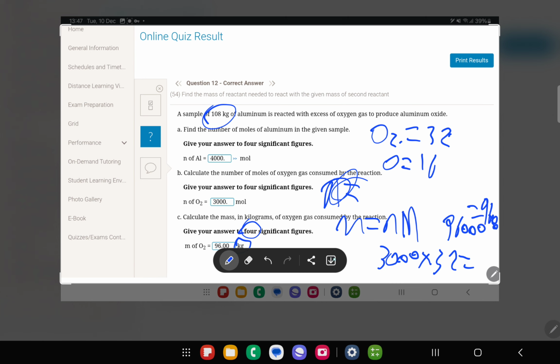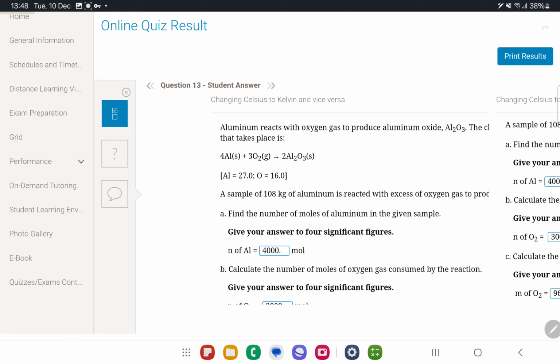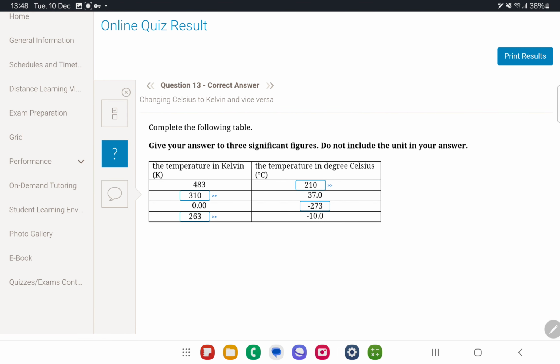Alright, that's it. So to recap, we use mass equals moles times molar mass. The moles of oxygen times molar mass is 96,000. Since it's in G, they want it in kg, so we just divide by 1,000, you get 96.00. And that's it.